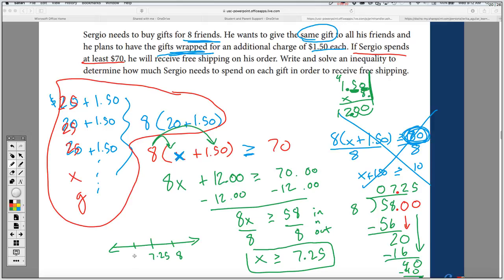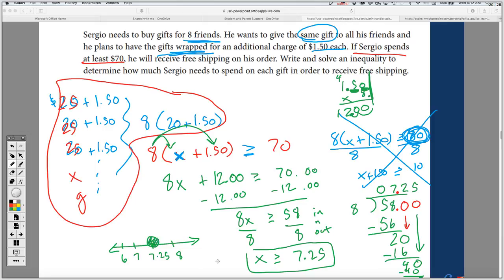So if I circle this, can I buy something that's $7.25 and still be under $70? Yeah. So what does this mean? Is it going to be open or closed based on this? Closed. Do I graph it to the right or left? Yep. Think of this as an arrow, guys.